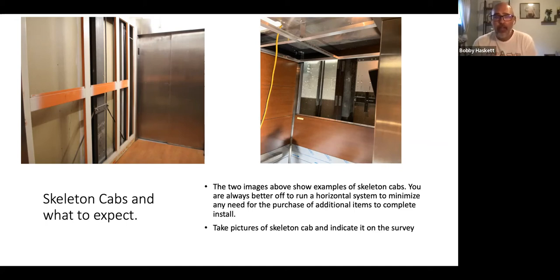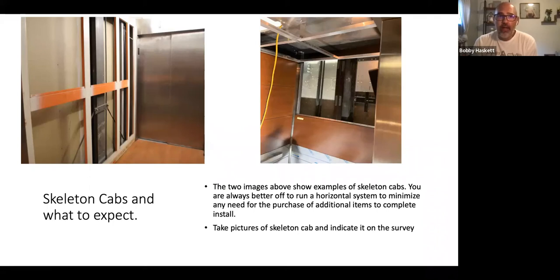like you see here. On the left here, you will see where my cursor is. This is a great example of a skeleton cab. You're going to find a lot of these in your Otis cabs, your older Dovers, your Montgomerys. We call them skeleton cabs. They're also referred to as a stick frame cab.